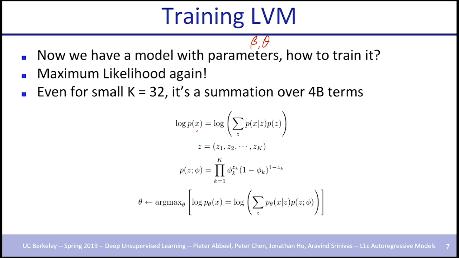The way to evaluate it is to sum over all the possibilities of Z. I enumerate all possible binary strings of Z; I know how to evaluate P of Z, and I also know how to evaluate P of X given Z. If I sum all of this together, that is my marginal probability.